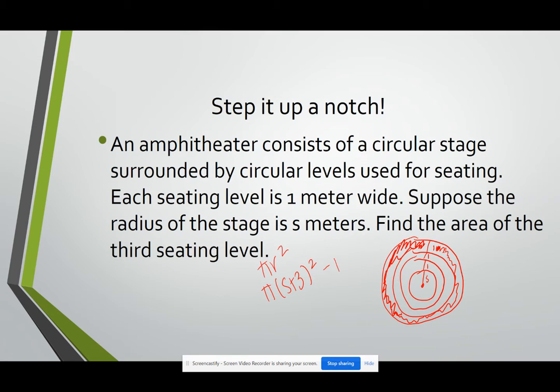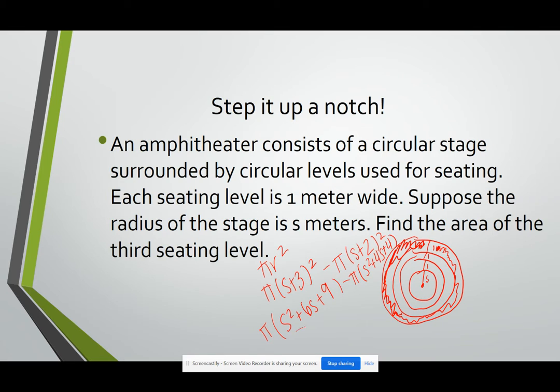So we do pi times s plus 3 squared minus s plus 2 squared. Our final answer is going to have pi because we have pi here and pi here. If we distribute it, it would remain, so we're just going to ignore the pi for now and throw it in at the end. Using our special products, this part is s squared plus 6s plus 9, minus s squared plus 4s plus 4.